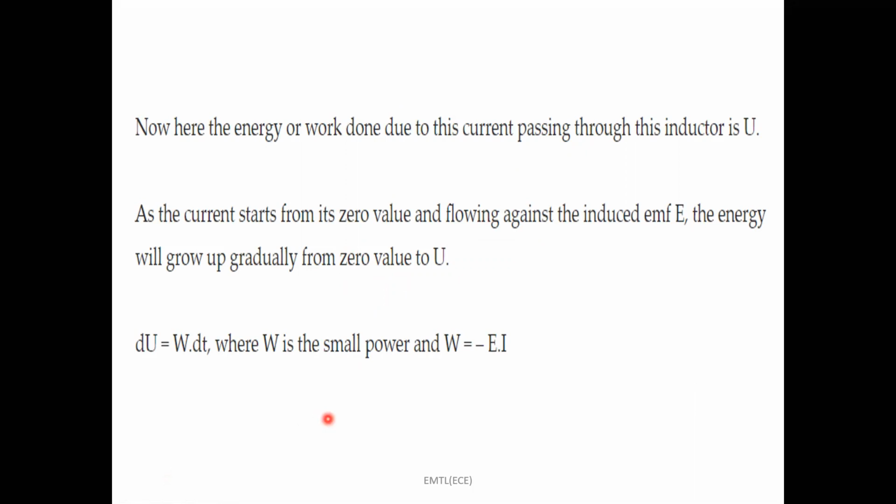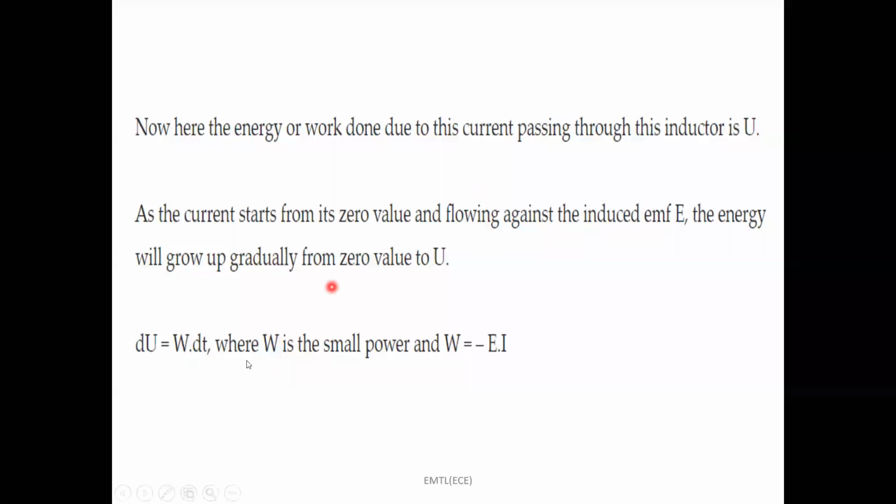That work done is expressed in terms of power and current: W equals E into I, where E is the induced EMF and I is the current. Simply, the dimensions of power and work are similar.